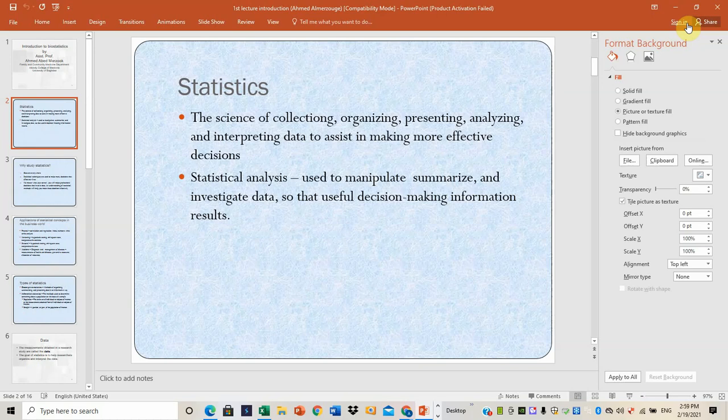Statistical analysis is used to manipulate, summarize, and investigate data so that useful decision-making information results.